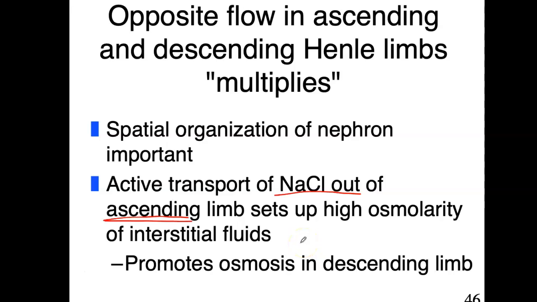It's pumping salt out into interstitial fluid land, and that's becoming very salty. And so the region in the descending limb is going to undergo osmosis because as it descends down and it's so salty, it loses water towards the salt, as solutes suck.